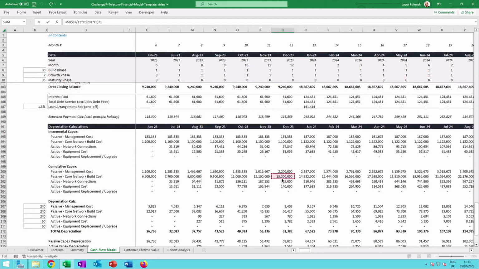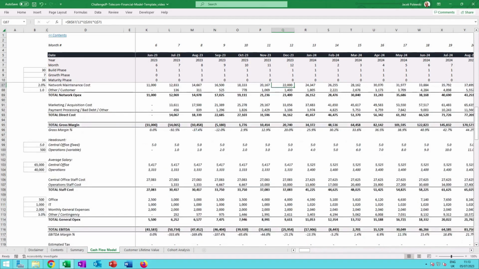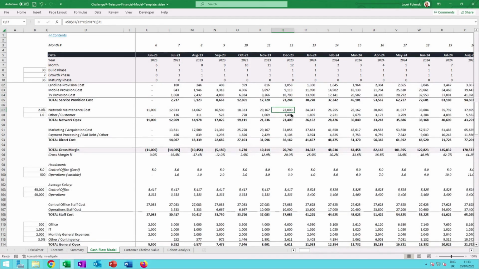Something that we will touch on in a few minutes. So you basically allocate a percentage of whatever you spend on your network, divided in our case by 12 because you want to do it on a monthly basis. And that's the estimate of how much money you have to spend on maintaining that network.